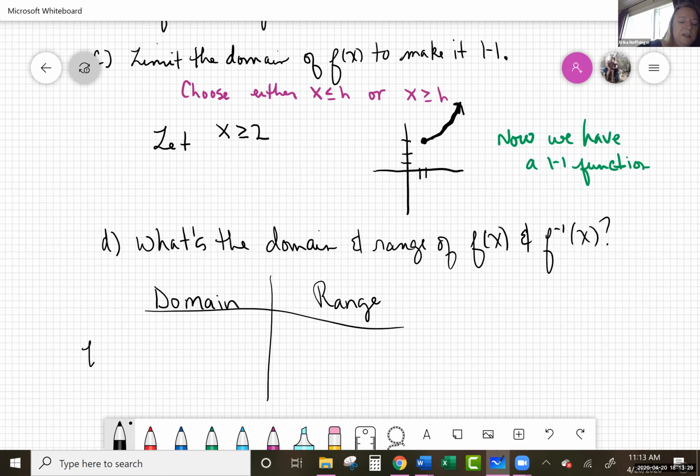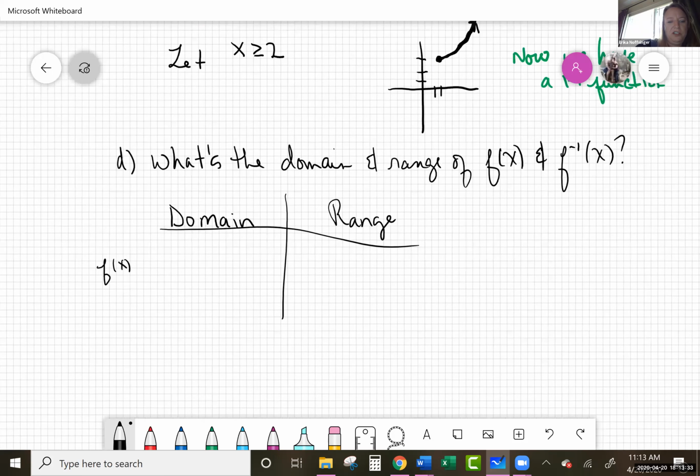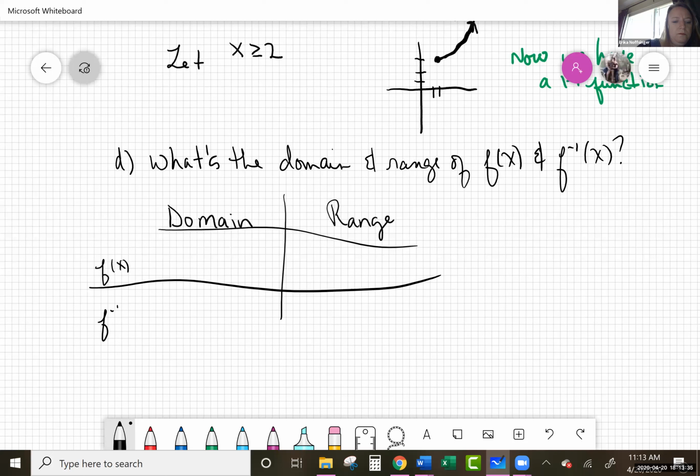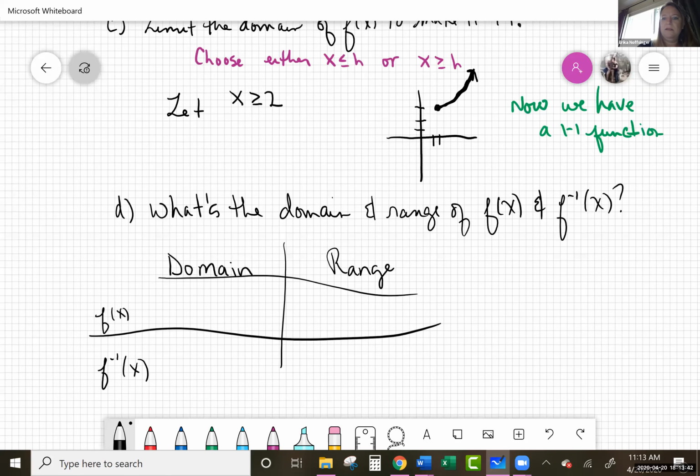So we have our original function and we have our inverse function. And we just said that we were going to allow our domain x to be bigger than or equal to 2. So x is greater than or equal to 2.